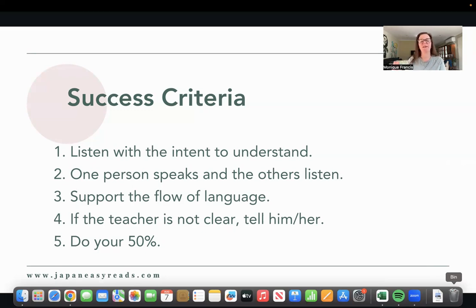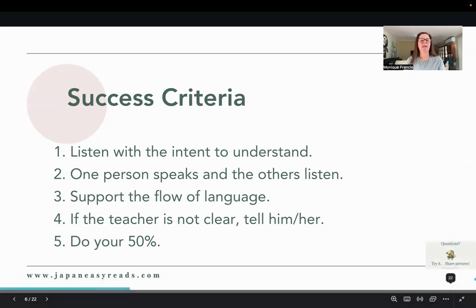By doing that, they're supporting the flow of language. They're not calling out things that are going to derail the flow. And when we get that flow, it is really tingly. I love it. And the students afterwards, when we say, you know what, we were using Japanese for 5 minutes, the flow was really good.